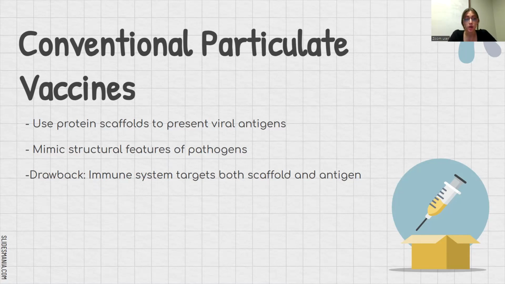Moreover, if a single person receives a vaccine that uses the same protein scaffold twice for two different viruses, in that second vaccination, their immune system would likely respond immediately to the protein scaffold, because it will have made memory cells for that protein scaffold, and it'll recognize it as an antigen that it needs to fight. This will make the immune response weak to the actual target antigen, because instead of just focusing on the antigen and attacking it, your adaptive immune response will be responding to the scaffold as well.